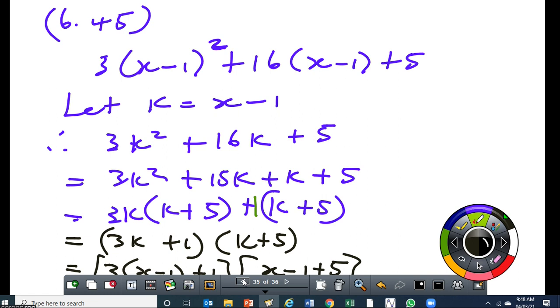I prefer this substitution one because some learners, the moment they see this and that, the brain will shut down. The first time they see that, the brain will shut down. So it's better to use the substitution method because you are familiar with a trinomial like this from grade 9.